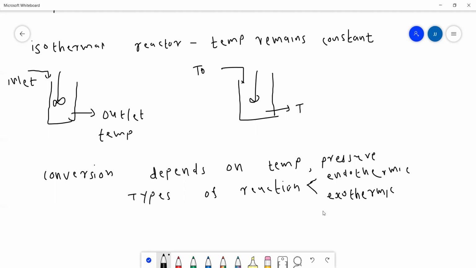Now it also depends upon whether the reaction is a reversible reaction or an irreversible reaction.